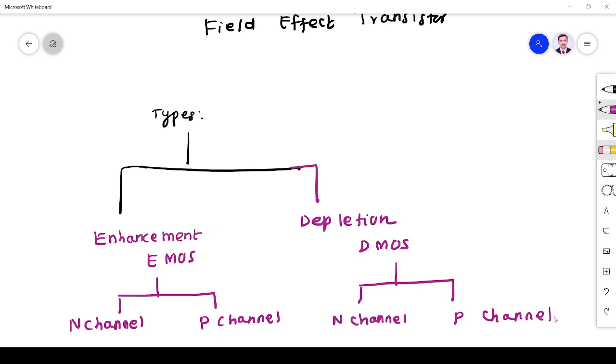So totally four different kinds of MOSFETs are available, right? N channel EMOS, P channel EMOS, N channel DMOS and P channel DMOS. So in MOSFET we have two types, two channels, and totally four combinations. That is a very important point.